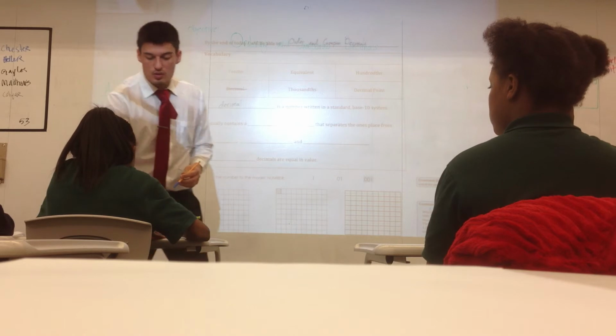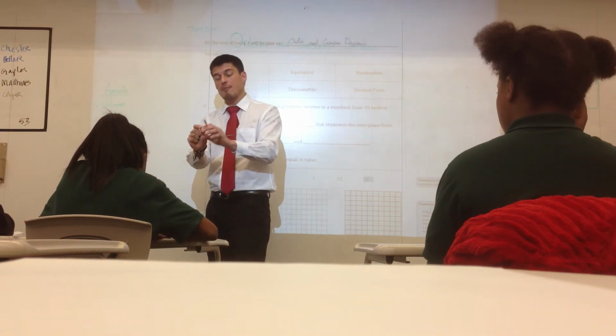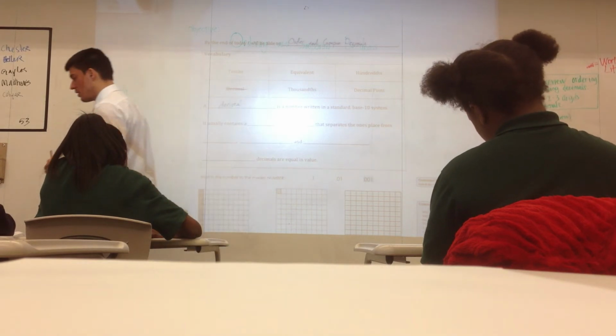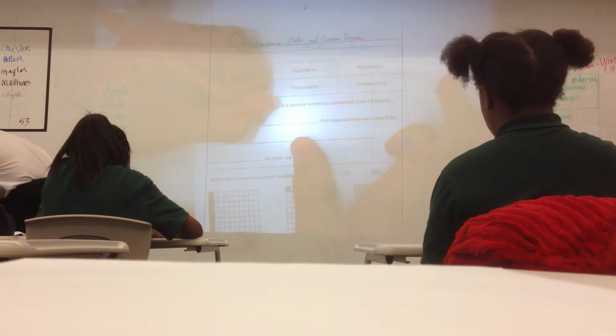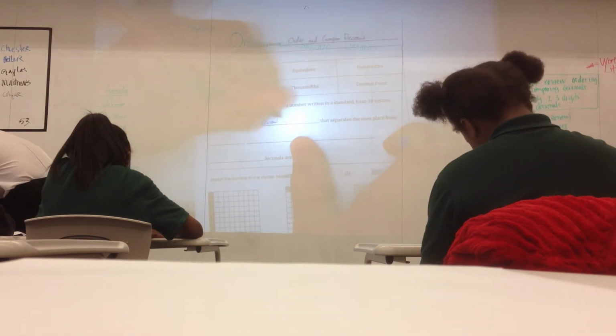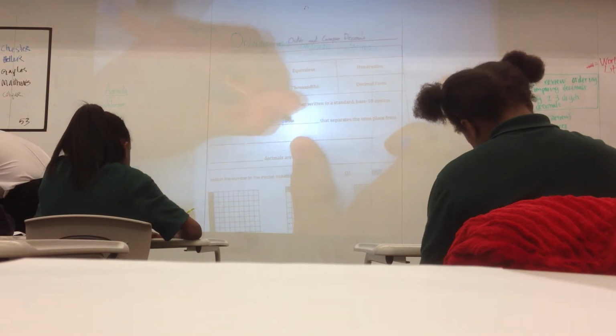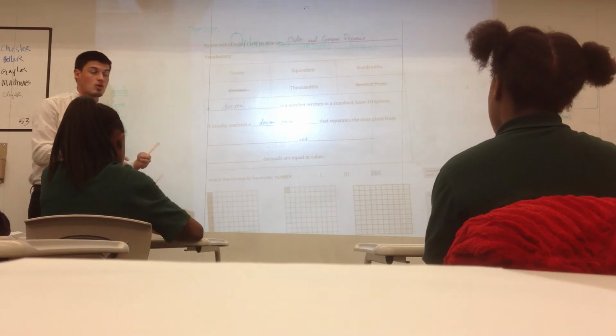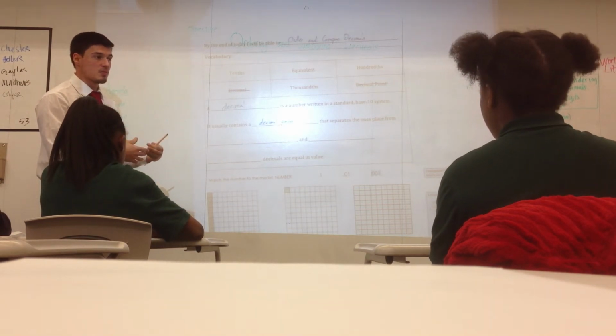Not tenths. What is that indicator we use that separates the tenths from the whole numbers? Yeah, a decimal point. So we use a decimal point to separate the ones, or our whole numbers, from the decimals.